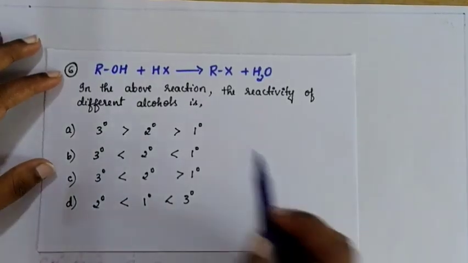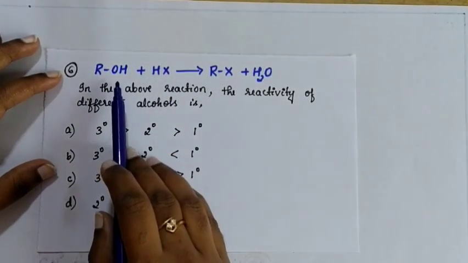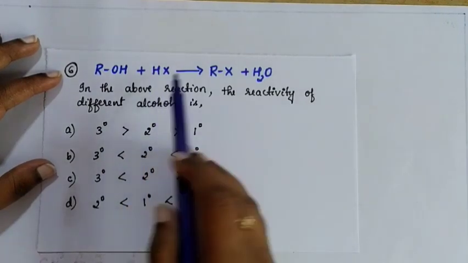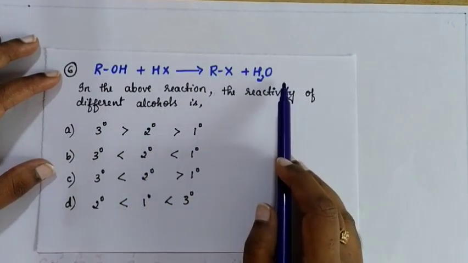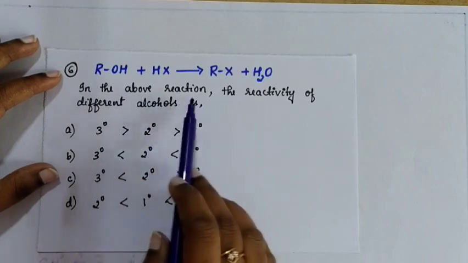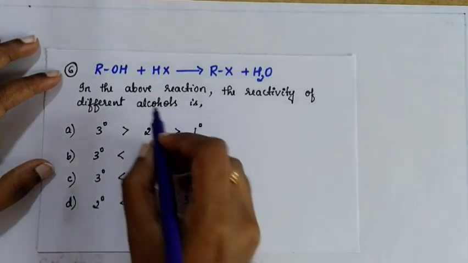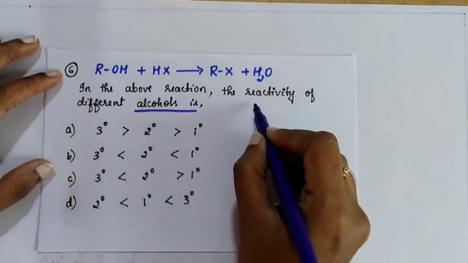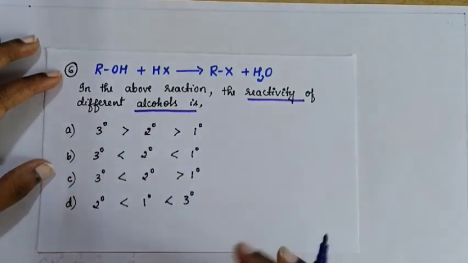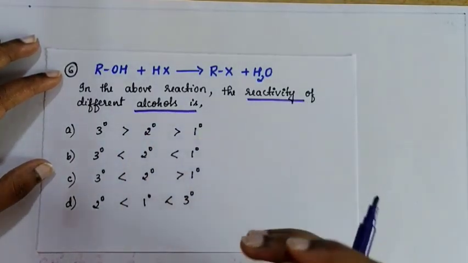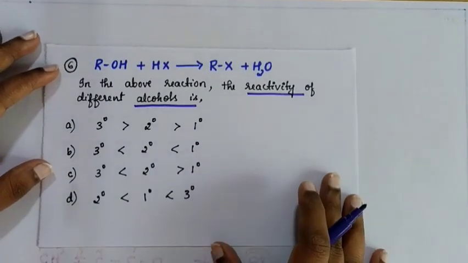The sixth question is, first they have given one reaction in which alcohol reacts with hydrogen halide to form alkyl halide and water. In the above reaction, the reactivity of different alcohols is. So here you need to find the order of reactivity for the different types of alcohols. That means primary, secondary and tertiary.